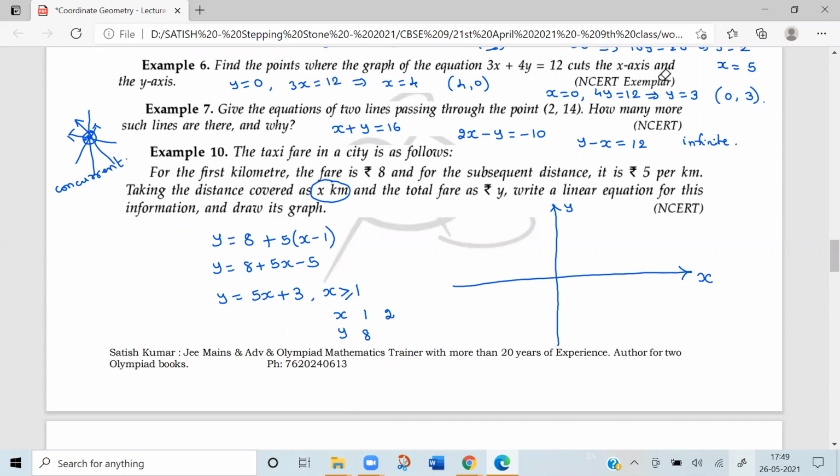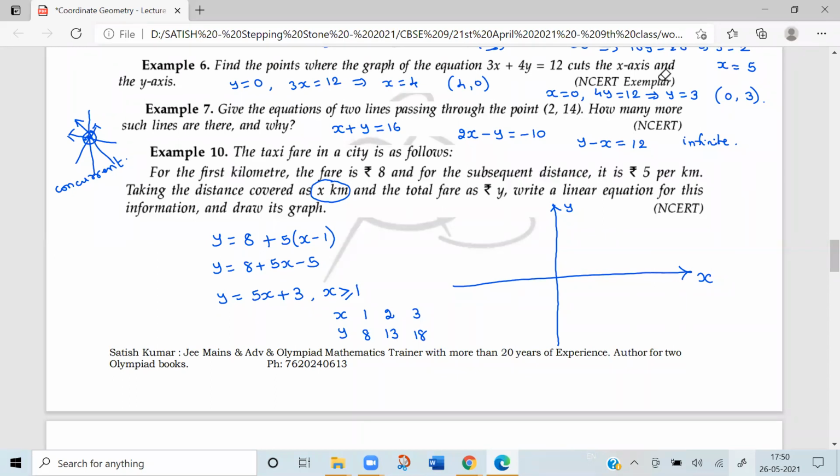When x equal to 2, how much is it? 13. When x equal to 3, 18. Now, these 3 ordered pairs are enough. Now, on the x-axis, you can take 1 centimeter equal to 1 unit. Now, on the y-axis, if you observe the values, 8, 13, 18 are there. That means if the graph sheet has sufficient units, then you can take 1, 2, 3, 4. Otherwise, you change the scale.